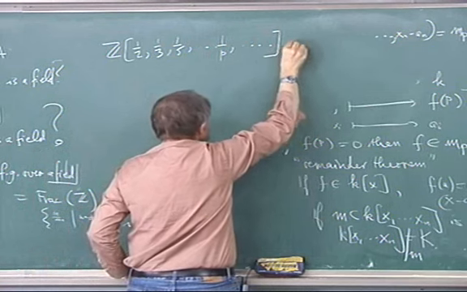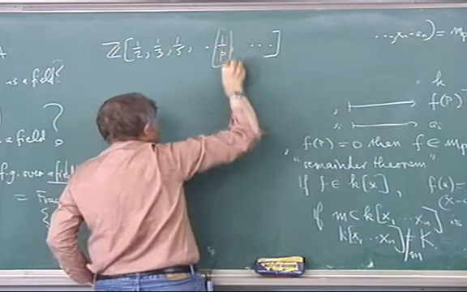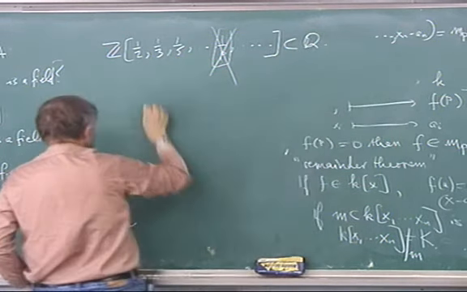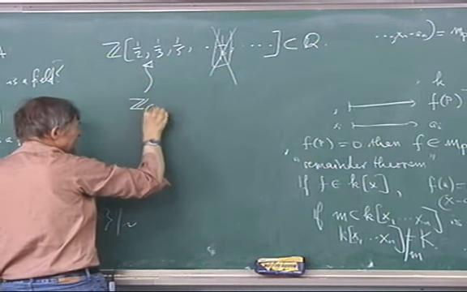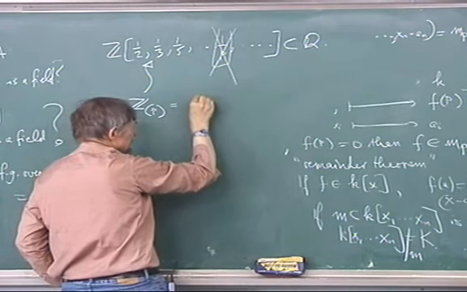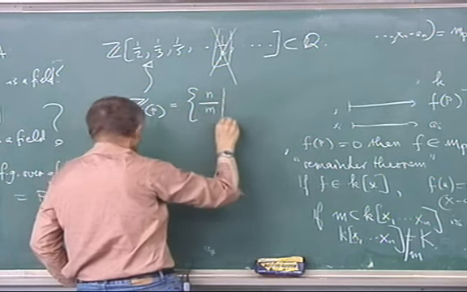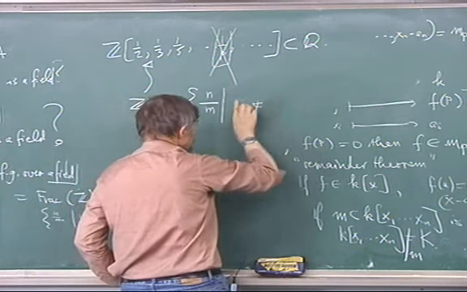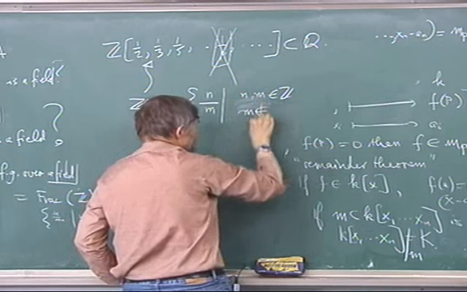So this is Q. And so suppose I take one of these guys and say, right, you're not allowed him in Q. So this ring here is called Z localized at P. So this is the set of all rational numbers, n over m, such that n and m are in Z, and m is not in P.